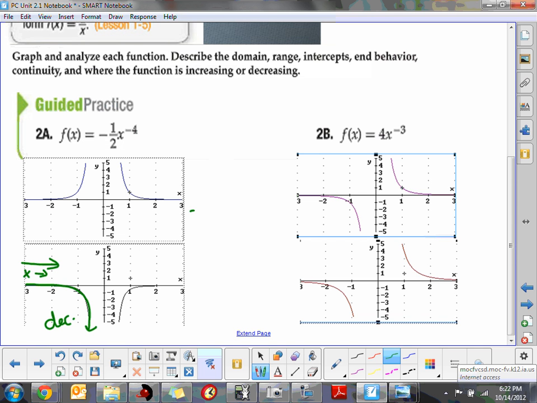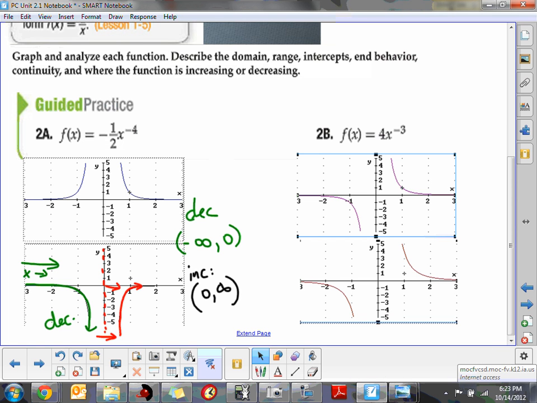So our graph is decreasing from negative infinity all the way up to 0. Okay, so now what happens once we hit that vertical asymptote? Reading it from left to right still, our x started getting bigger than 0. Now our graph is on the uphill climb. So because our graph is going upward, our graph is increasing on the interval from 0 to positive infinity.